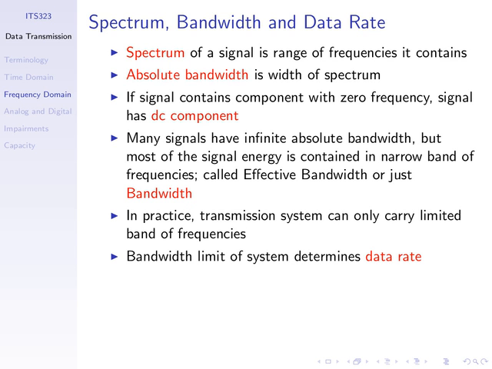Now we can obtain some definitions of important terms that we need to know to characterize different signals. A signal has some spectrum, and the spectrum of a signal is the range of frequencies it contains.